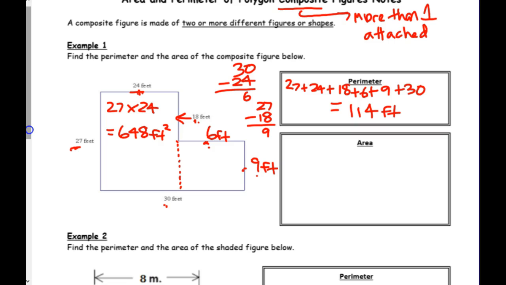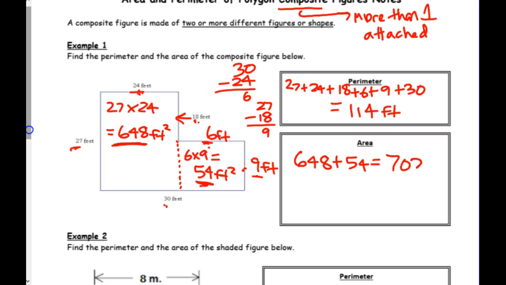Now this other rectangle is 6 and 9, so 6 times 9 is what? 54 feet squared. So now that I have each of my areas, I'm going to take them over to the area box and add them together. 648 plus 54 is what? 702. 702 feet squared.